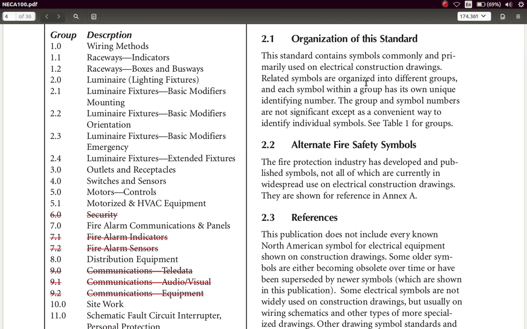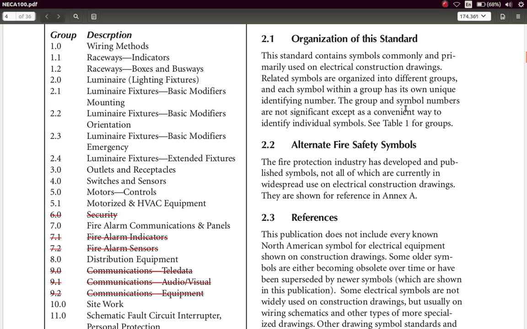Organization of this standard. This standard contains symbols commonly and primarily used on electrical construction drawings. Related symbols are organized into different groups, and each symbol within a group has its own unique identifying number.